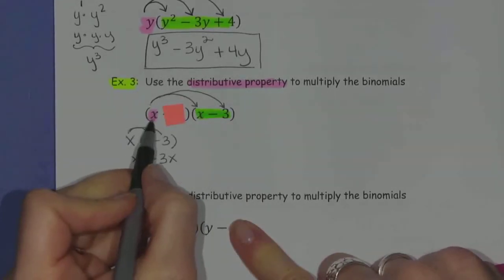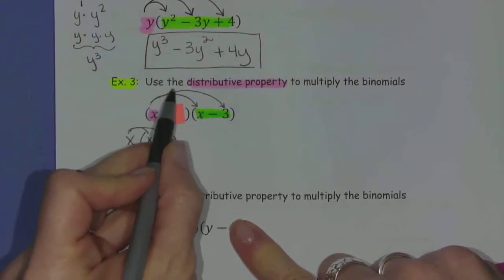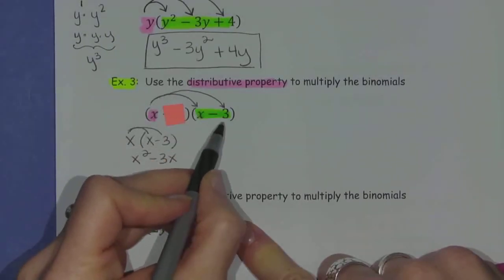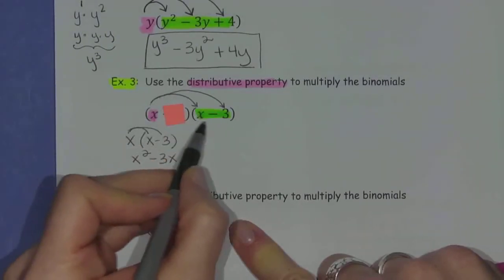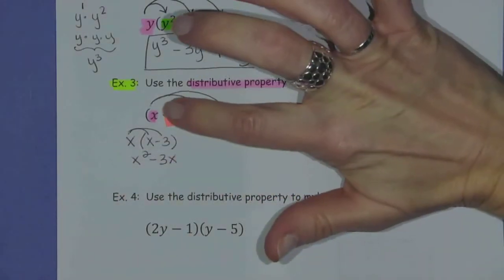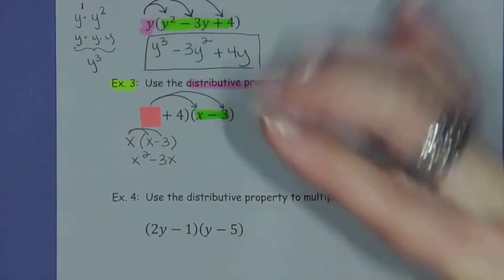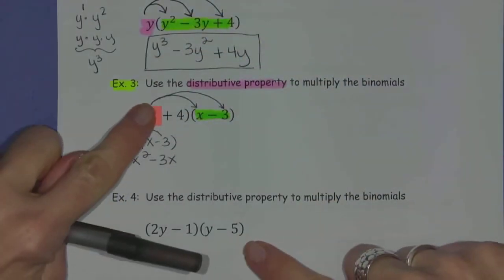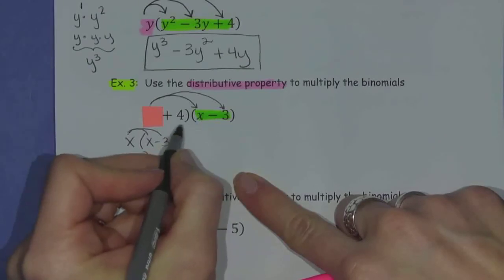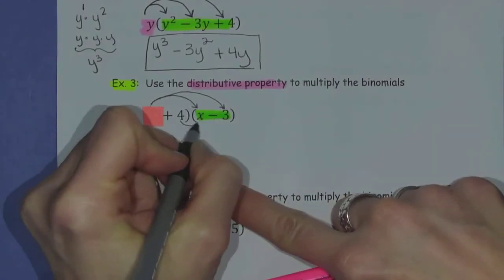I'm taking this first x here, and I'm distributing it or multiplying it to every term in the other quantity. Now, I'm going to slide this over top of what I've already done. And now I'm going to distribute this 4 to the second quantity, like so.